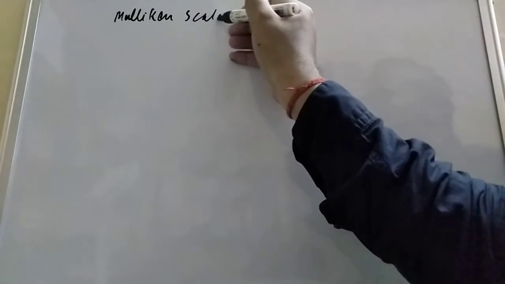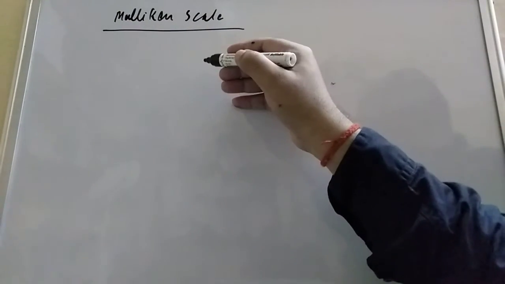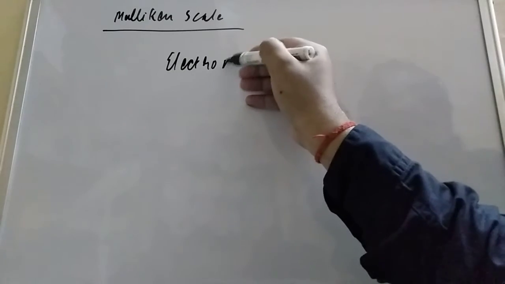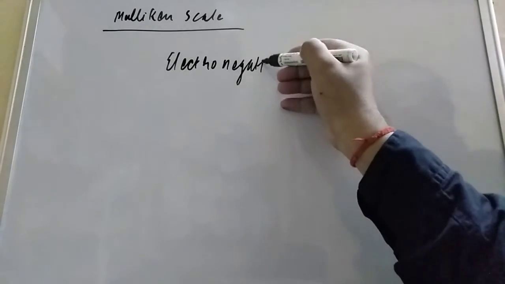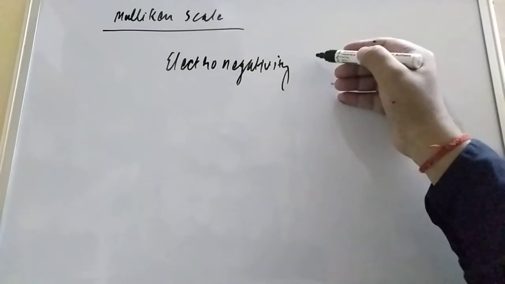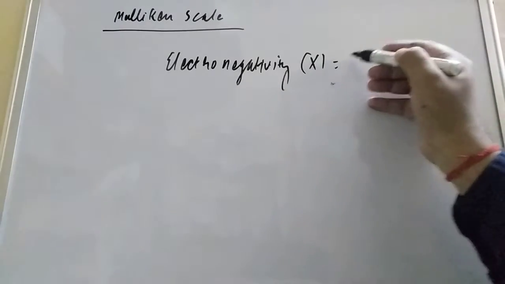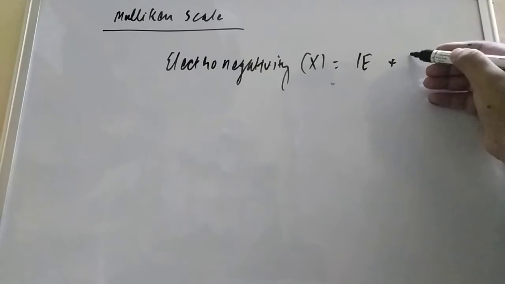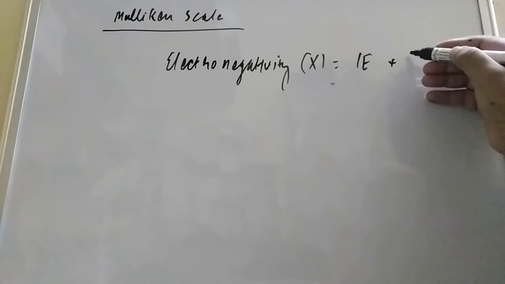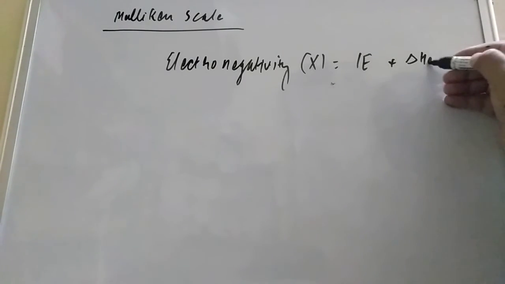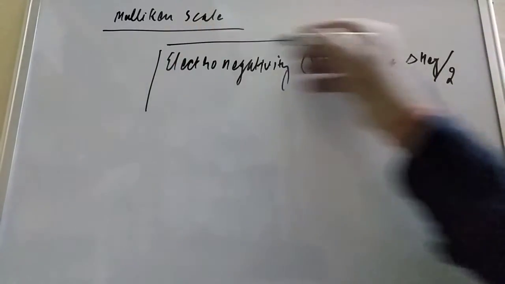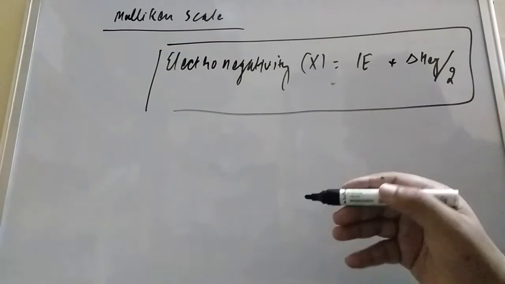The formula for the Mulliken scale: electronegativity of atom X equals the ionization enthalpy IE plus the electron gain enthalpy delta H EG, divided by 2. This is the Mulliken scale.